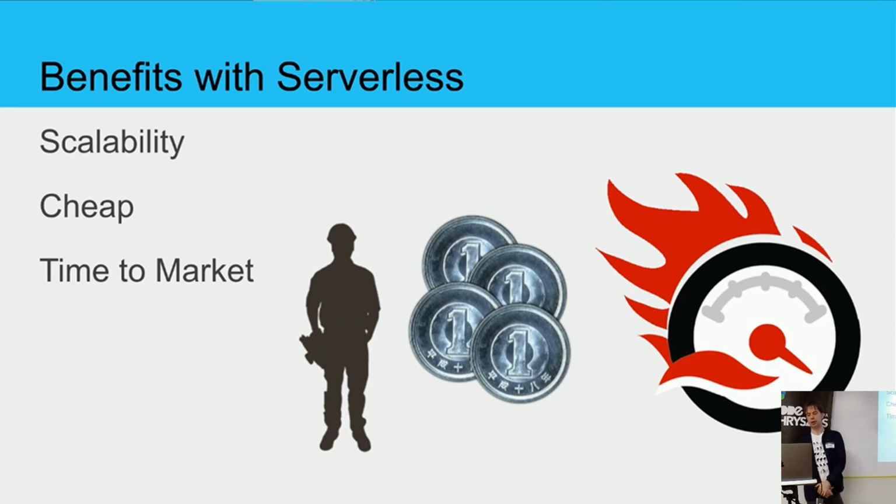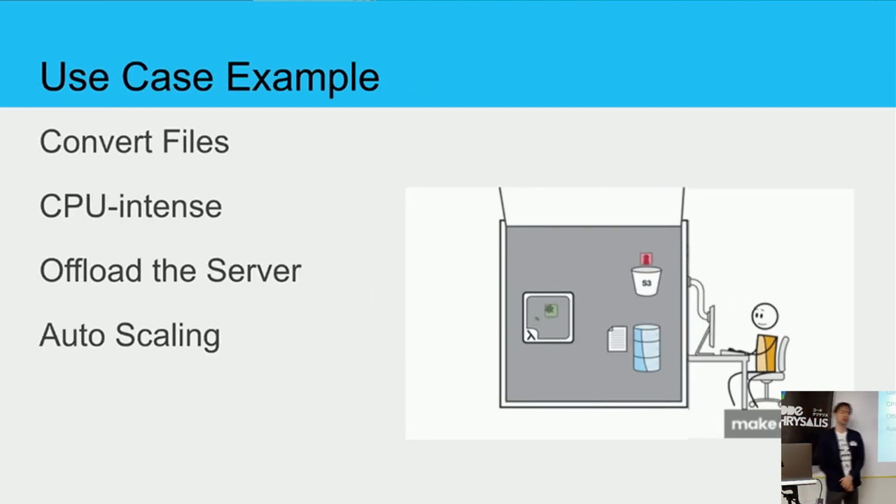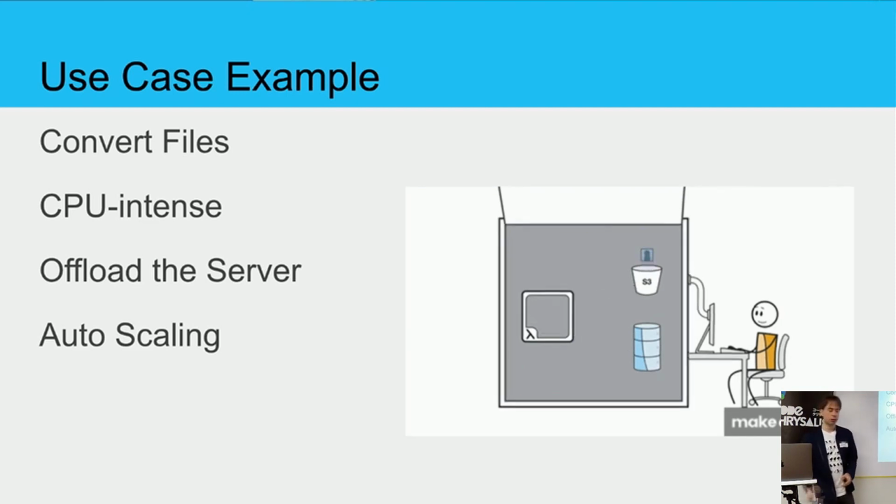So, yes, a use case example could be file conversion. Let's stop this animation. Yes, so for example, if you have a recruitment site where people can upload their resumes, and maybe you want the resumes as a PDF because you can easily distribute it to everyone, but you don't want to limit your customer to only upload PDF files.